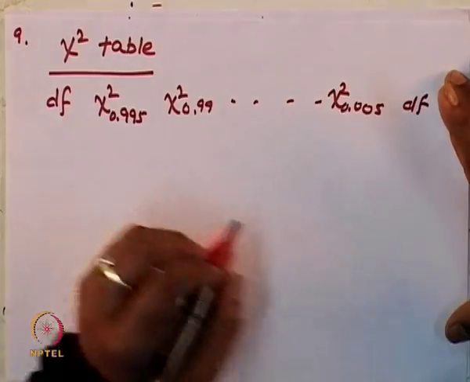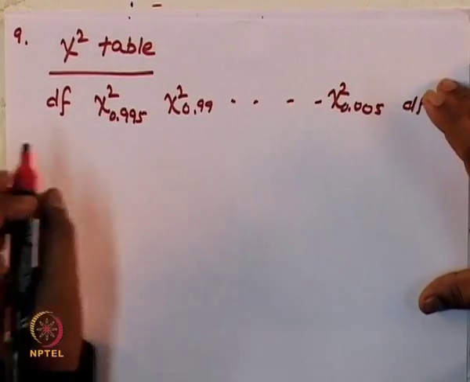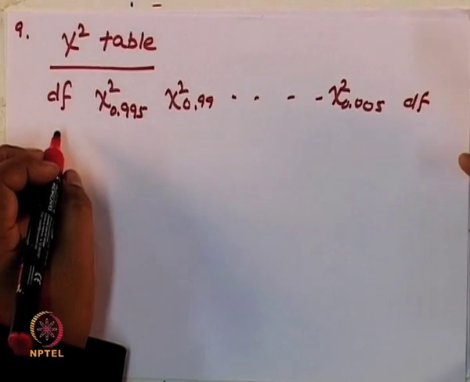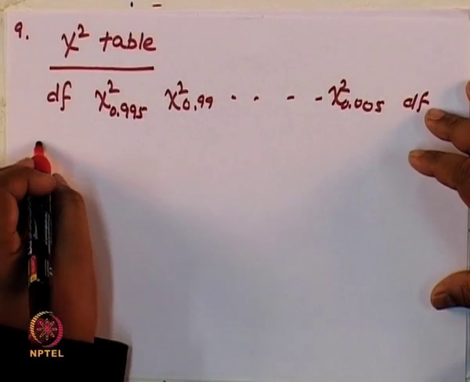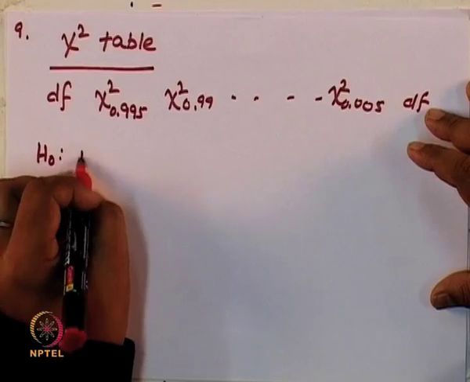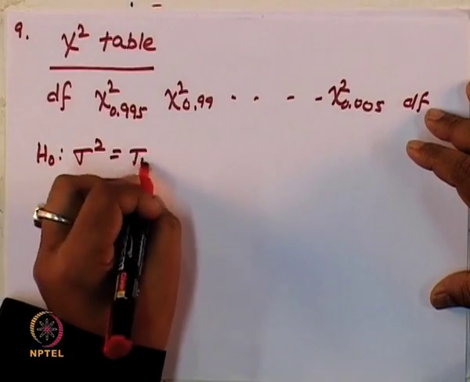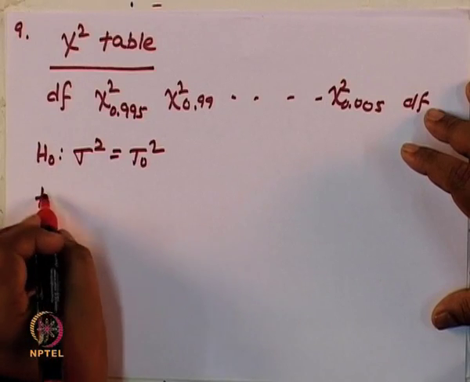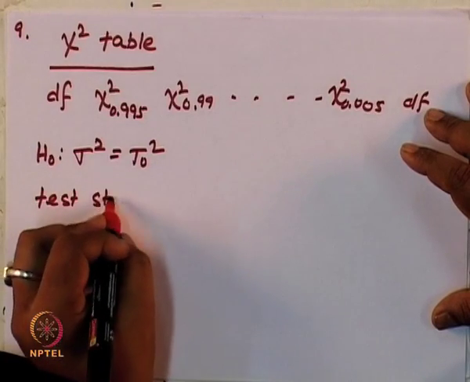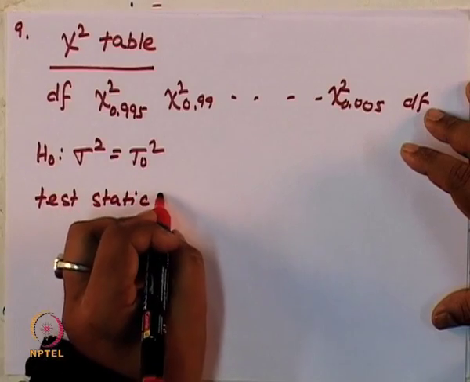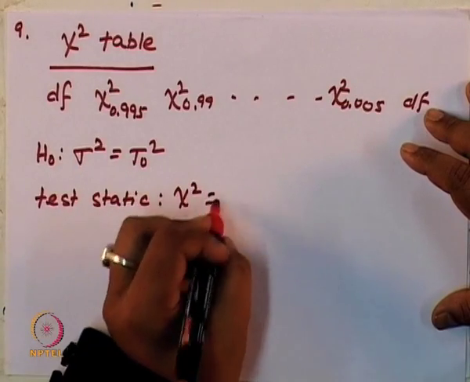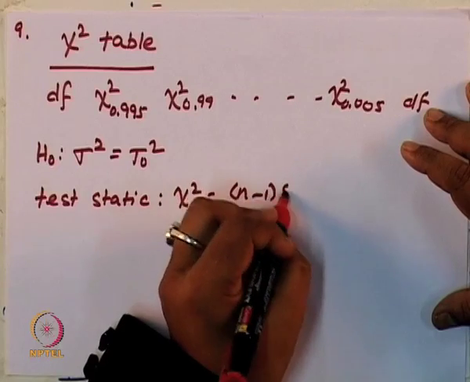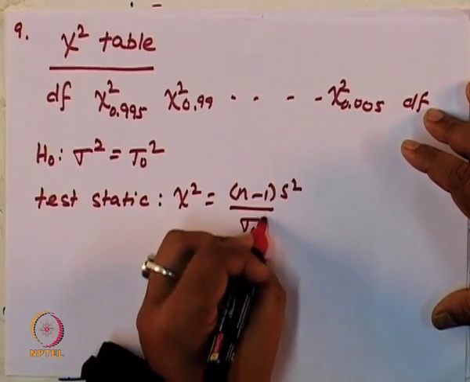Again df. Okay. So, if you want to test whether your population variance is a certain value, you can have your null hypothesis as sigma square equal to sigma naught square, and you calculate the statistic. So, your test statistic is chi-square equal to n minus 1 into s square by sigma naught square.